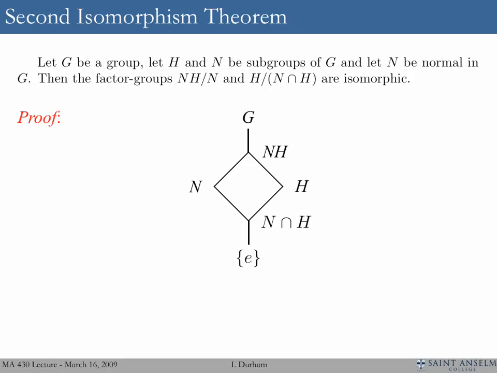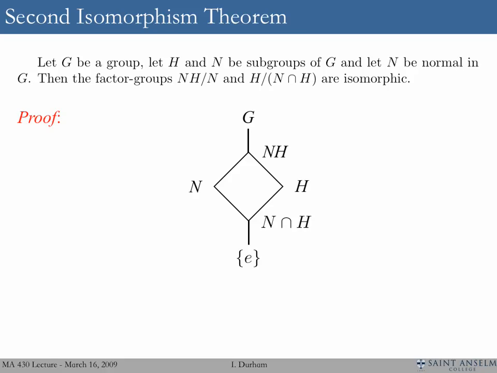I'll make a quick note on conjugacy classes here. Just going to give you a reference that you could look up. Conjugacy classes: you want to look at page 132.